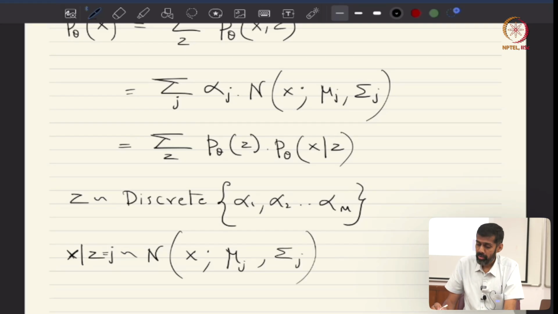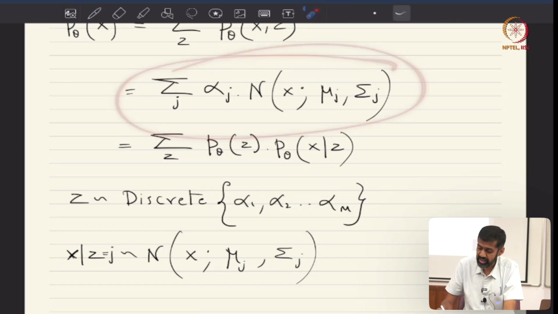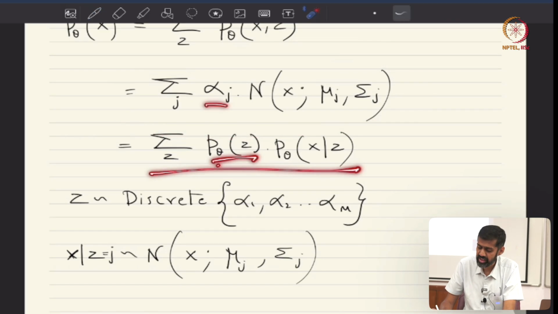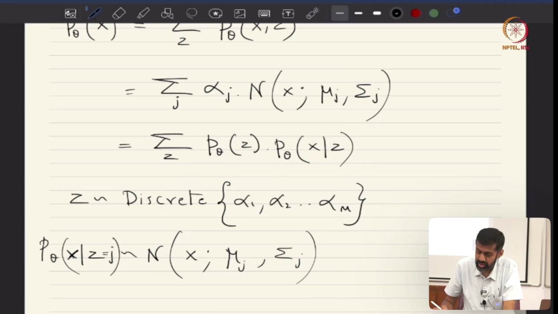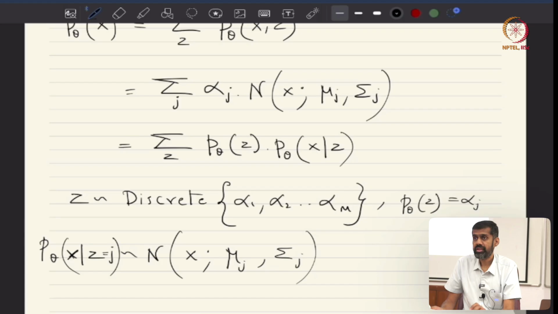Right. Now therefore this expression is exactly this. So P theta of z equal to j is alpha j and P theta of x given z is a Gaussian. Is it all right? Okay, this is the joint distribution.